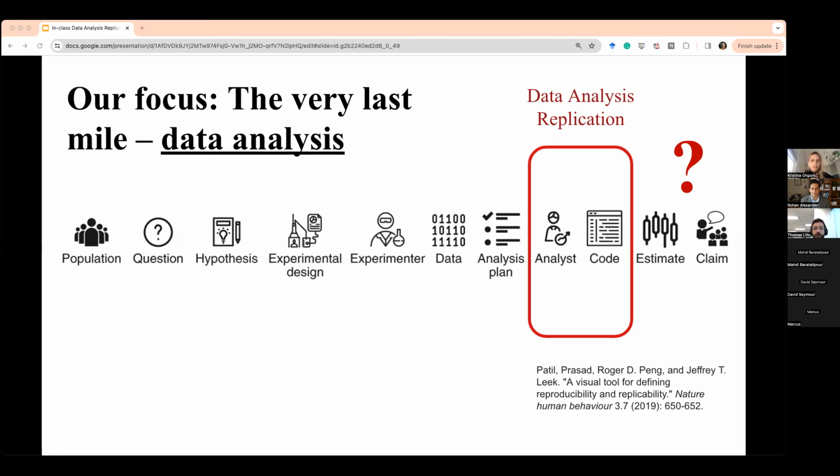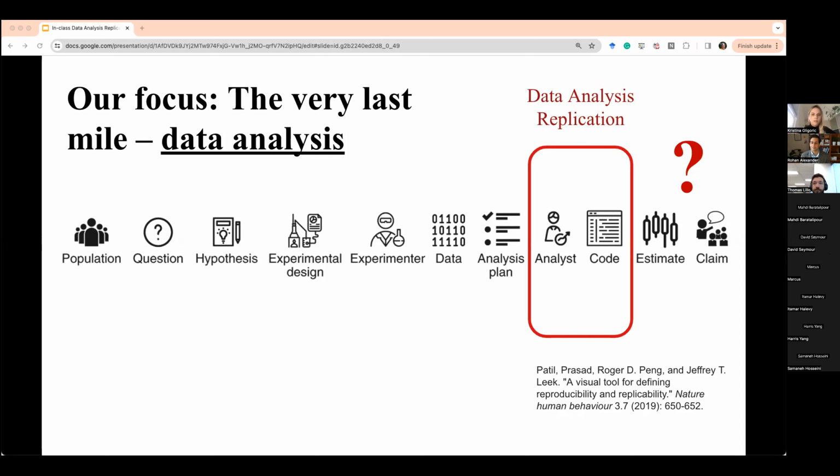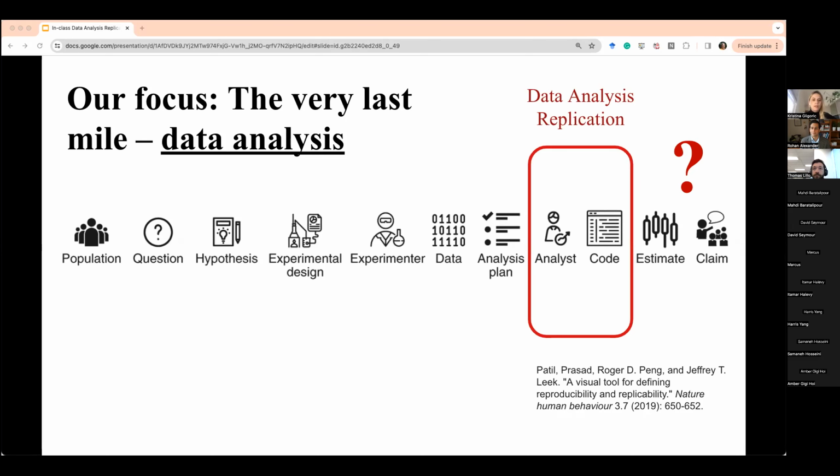But in this work, we are interested in data analysis replication, which means having different analysts use their independently written code to try to reproduce the same estimates and the same claims, while everything else upstream in the framework is fixed.